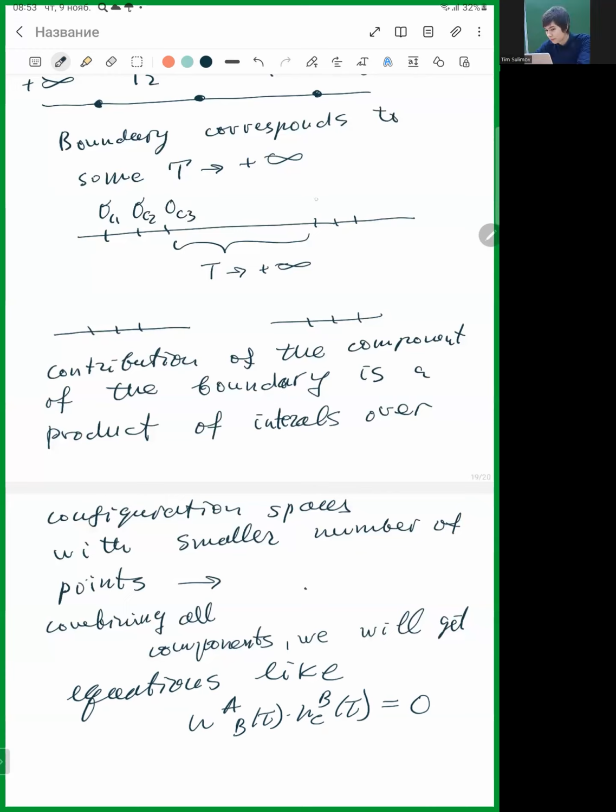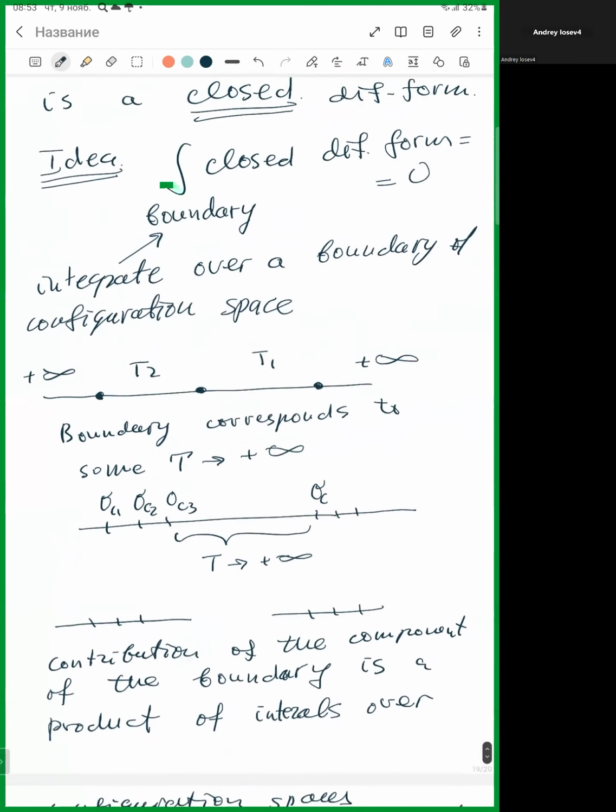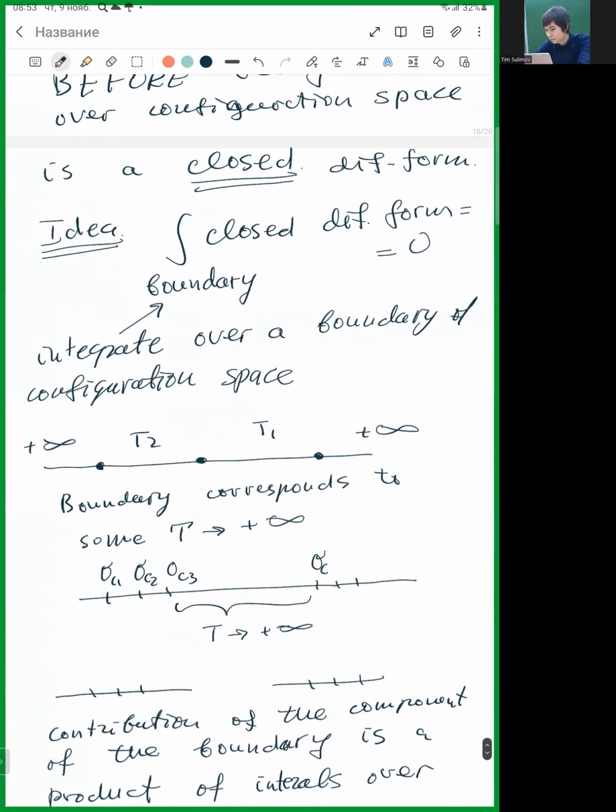Yes, it's a boundary in configuration space. You see, there are too many differential forms involved, but what can I do? I am integrating over a boundary of configuration space.